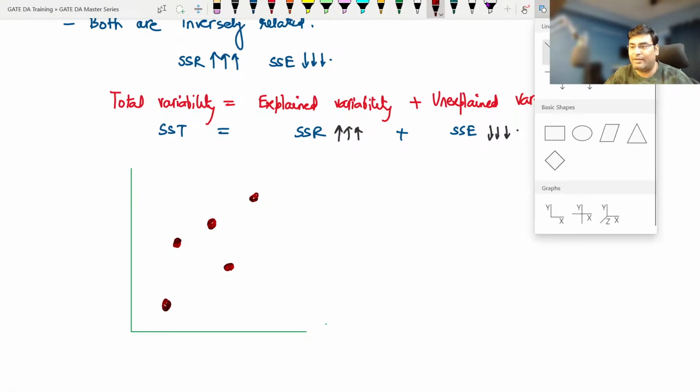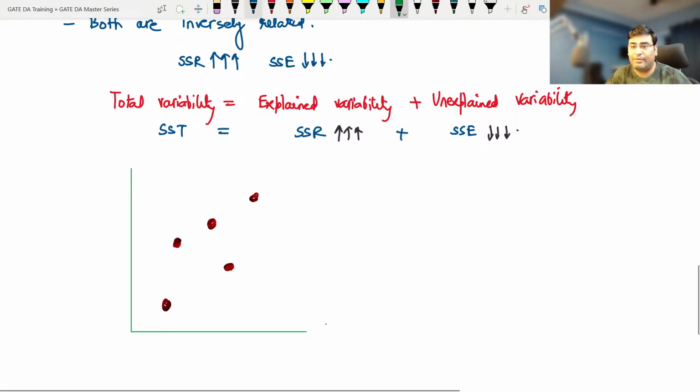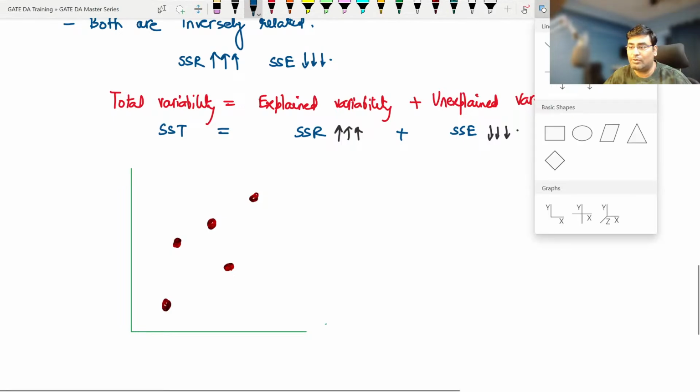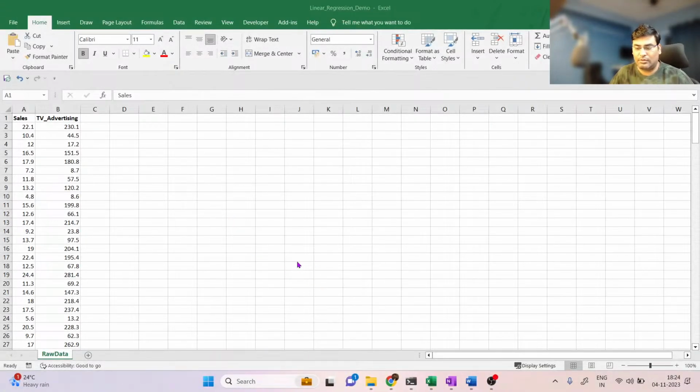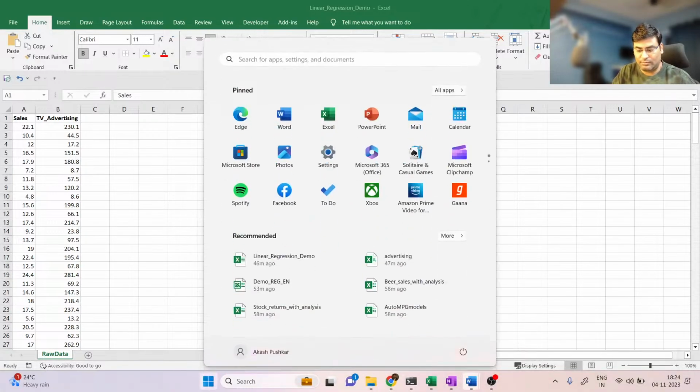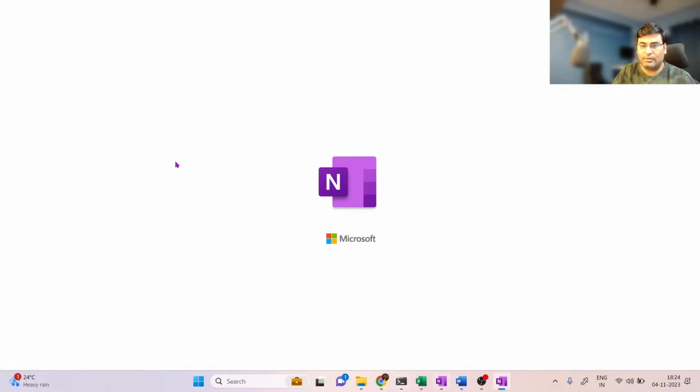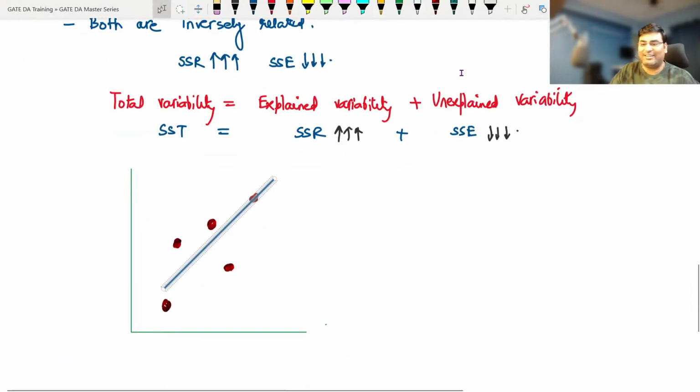Now trust me, if you draw a regression line passing closer to these data points, right? So when you're looking at, guys, hold on. Yeah, I think my OneNote crashed.